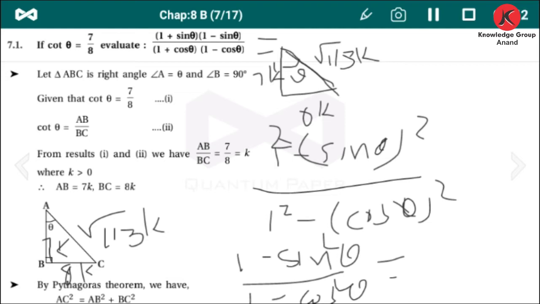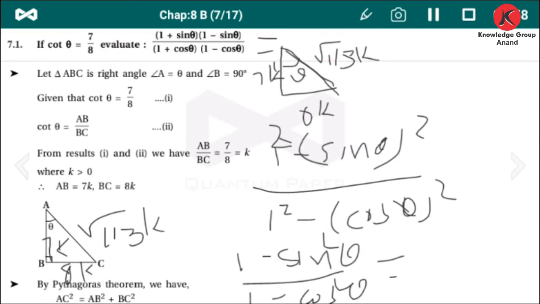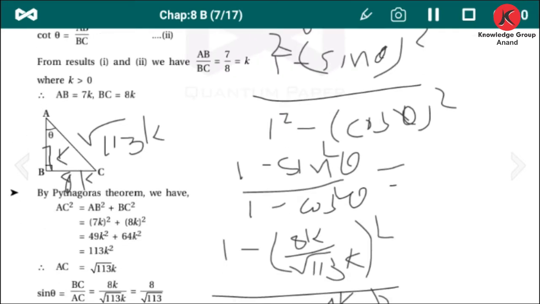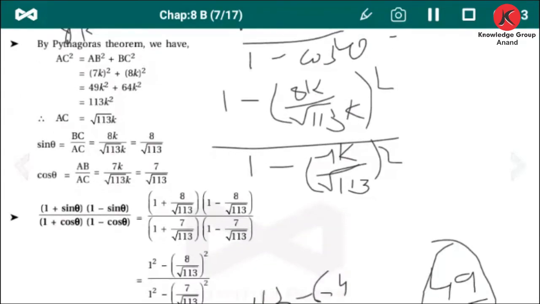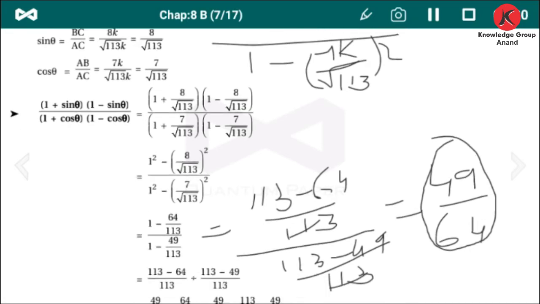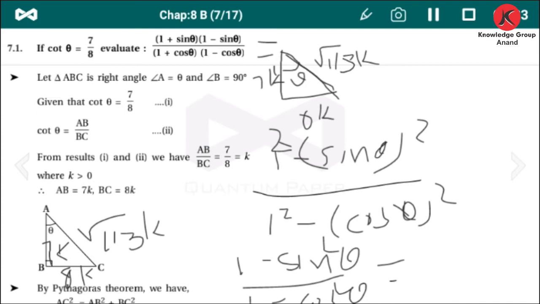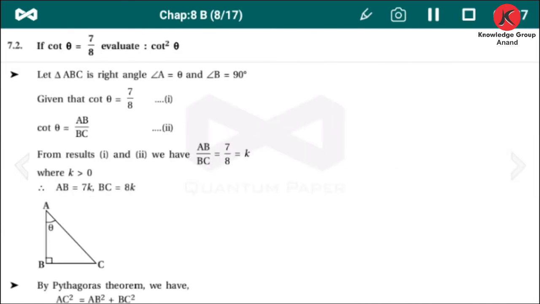By using Pythagoras rule we find the hypotenuse AC is equal to root 113 k. Then we simplify the given expression: 1 minus sin square theta upon 1 minus cos square theta. Putting in the values and simplifying, it is 113 minus 64 upon 113 over 113 minus 49 upon 113, and the answer is 49 upon 64.